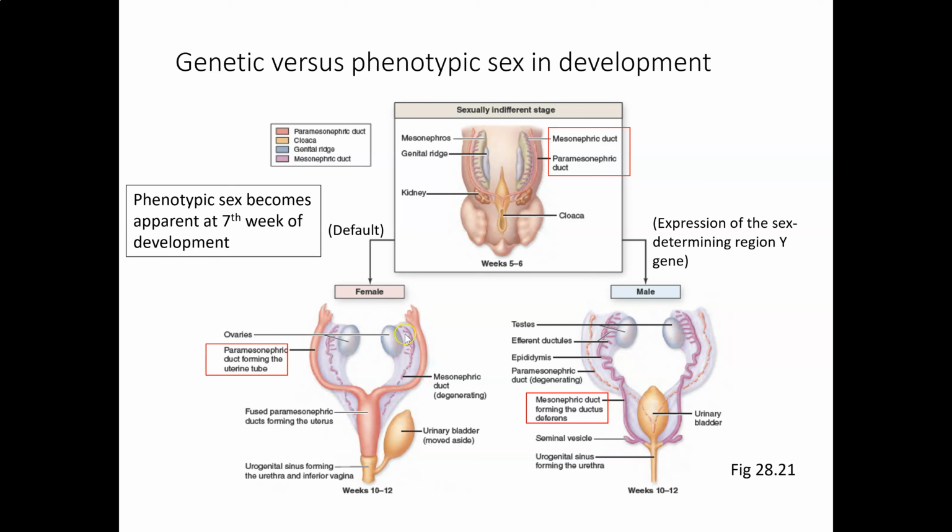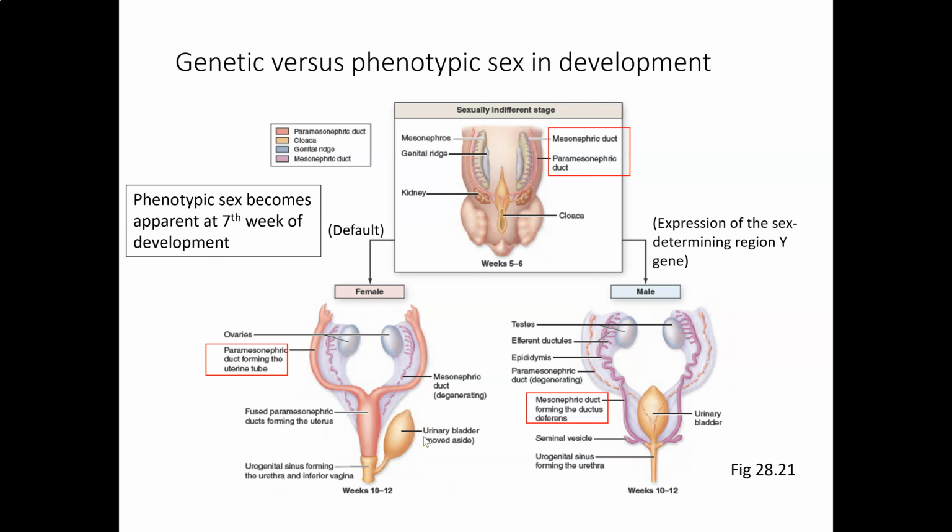The mesonephric duct is going to degenerate, and you are going to end up with further development of the paramesonephric duct, forming the uterine tube. And then you have the kidney, further developed and linked to the urinary bladder. So they are going to form two separate ductal systems essentially.